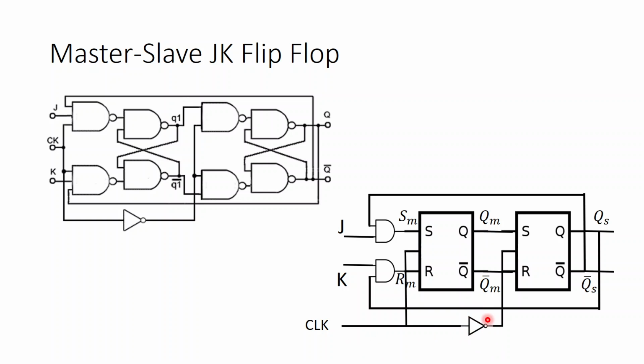Now in here it is coming through a NOT gate, that means this is active low level triggered. So the first, the master, is positive level triggered or active high level triggered, and this is negative level triggered or active low level triggered. So you have to keep this in mind when we are analyzing the circuit.